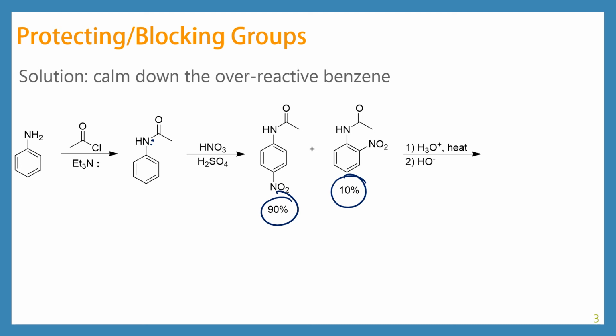This is chemistry that we haven't really learned yet. For now, you can just keep this in your mind that you can remove the amide through hydrolysis. When we get to chapter 18, maybe, we talk about carboxylic acid derivative chemistry. And this will deprotect our aniline and give it back to us.